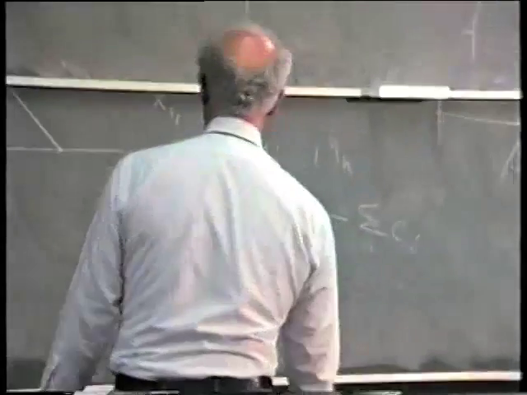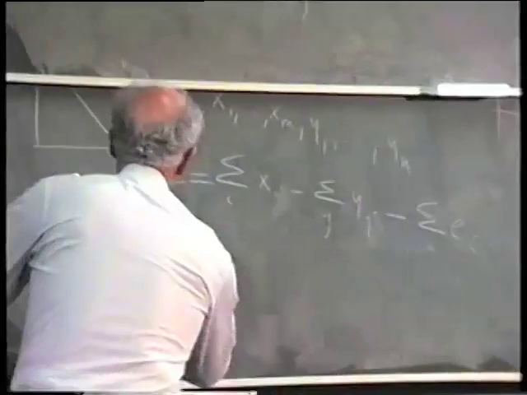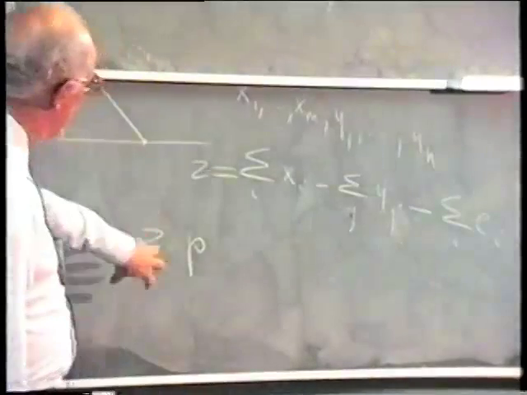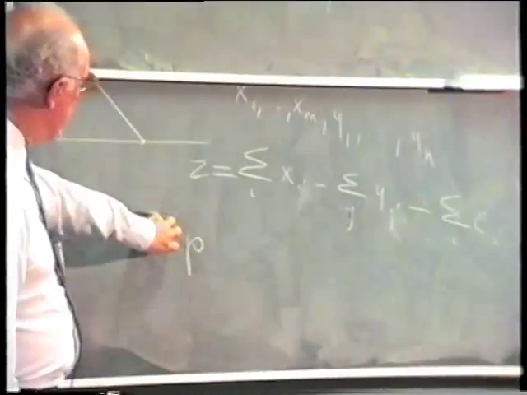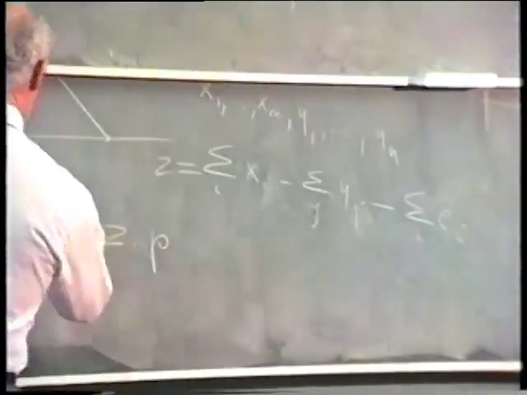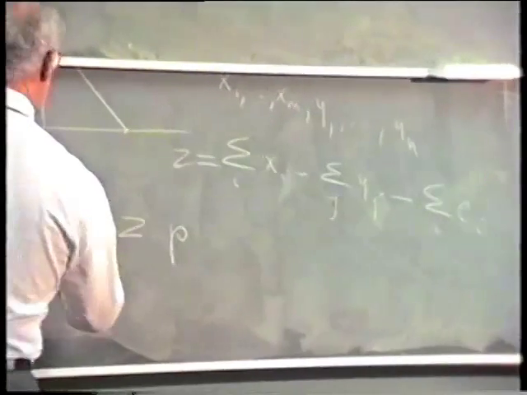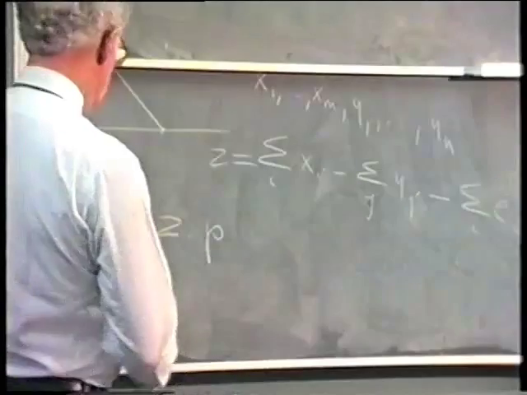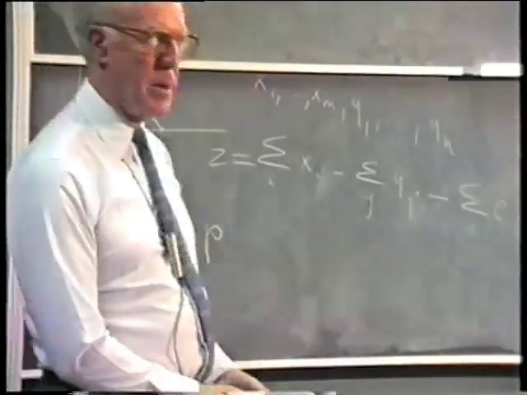And one way of embodying this idea in this context is to choose for the price setter the following payoff. That is to say, Z is given, and you choose P so as to maximize the value of the aggregate excess demand.